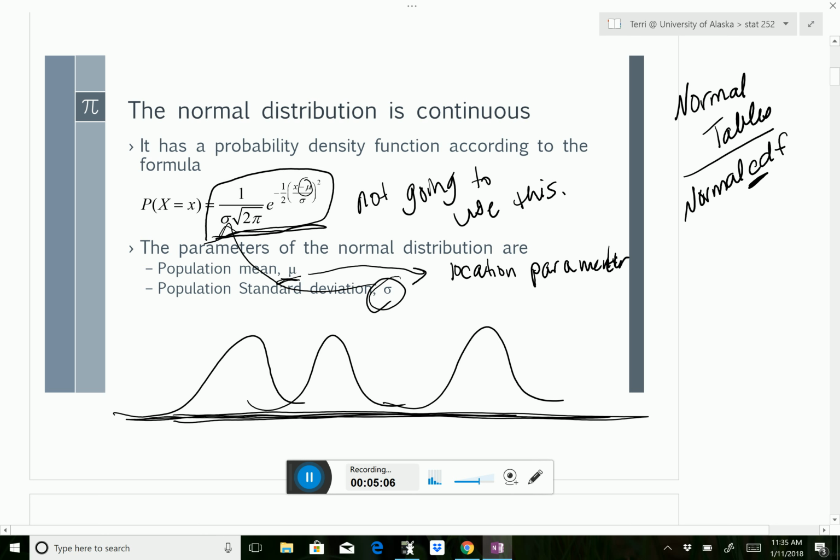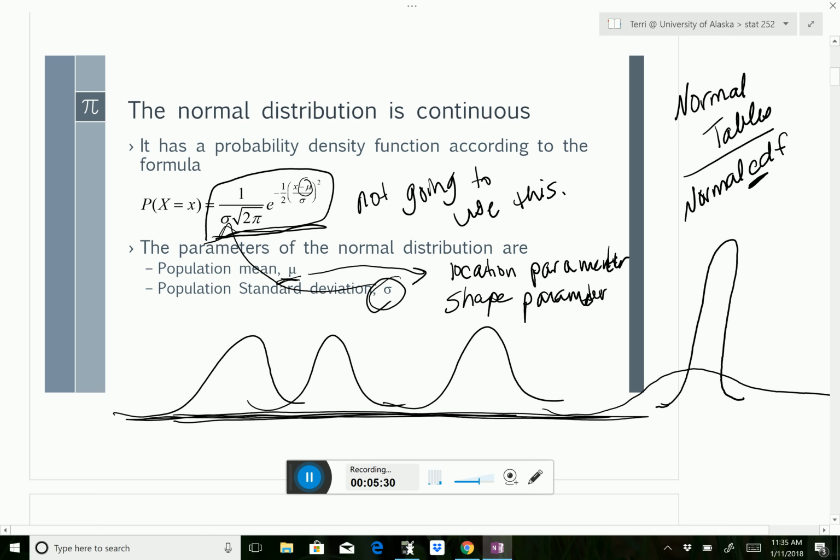The population standard deviation, this is what we call the shape parameter. The same basic bell-shaped curve stands, but some of them are tall and skinny. Some of them are short and wide.